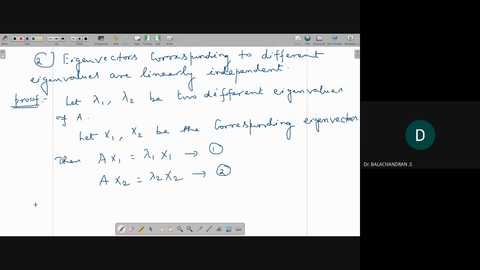So I need to prove x1 and x2 are linearly independent.